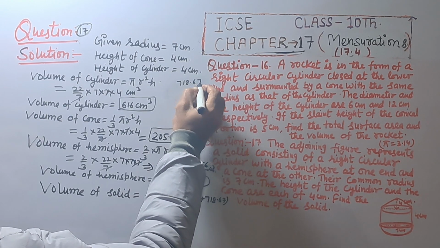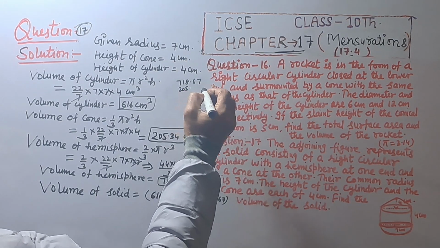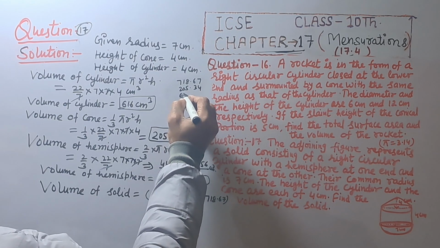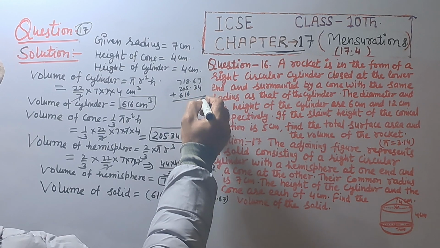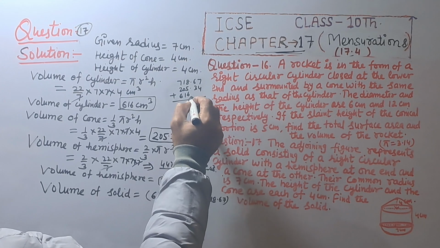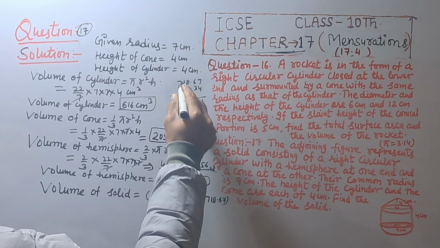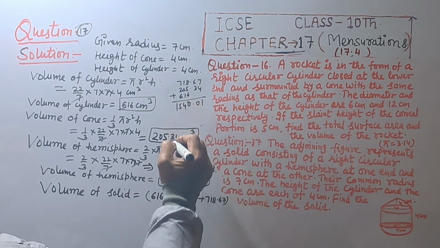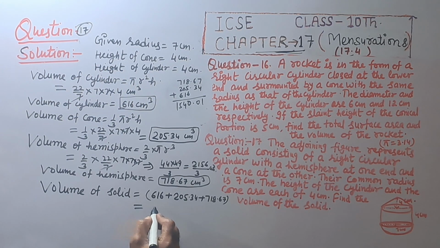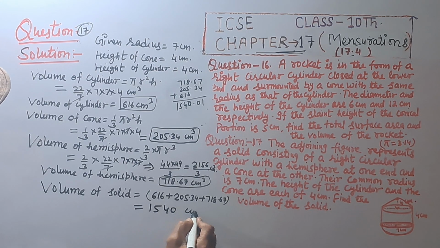Adding them, that is equal to 1540 centimeter cube.